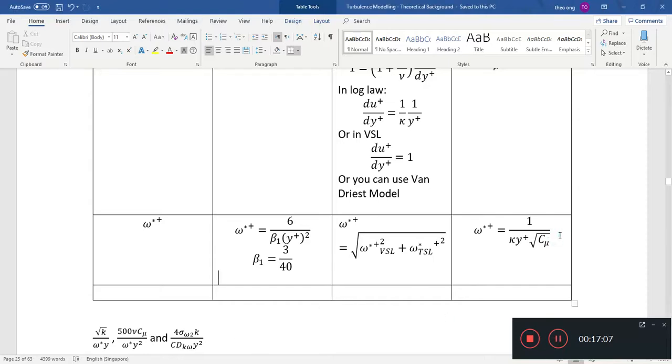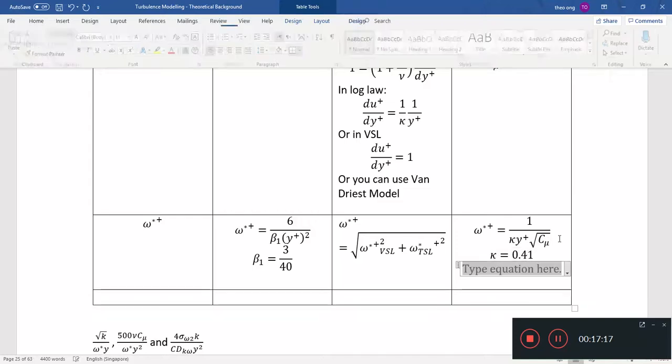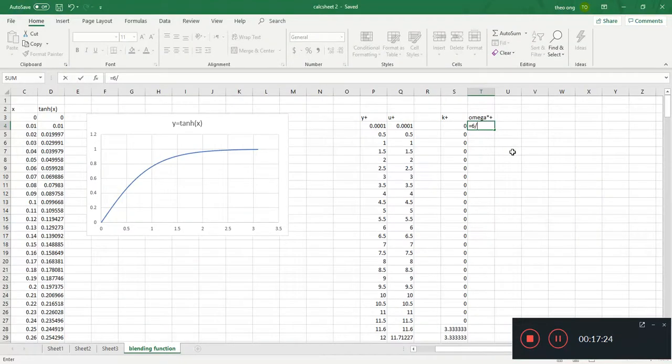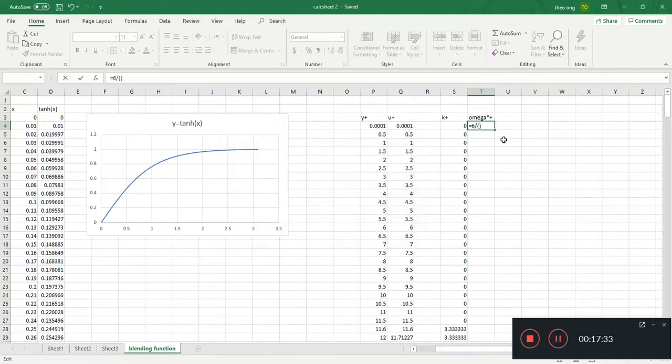Also, to help here, you can use kappa equals 0.41. C mu equals 0.09. Let's just put that in to get the trend. So 6 divided by 3 by 40 times y plus squared.